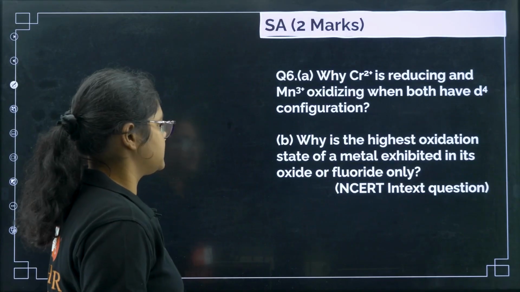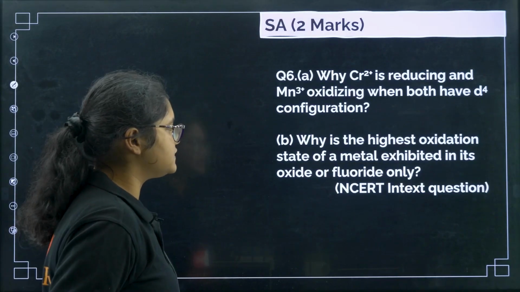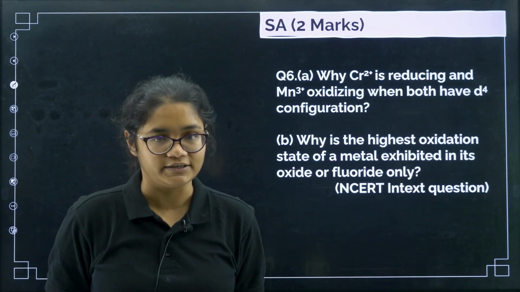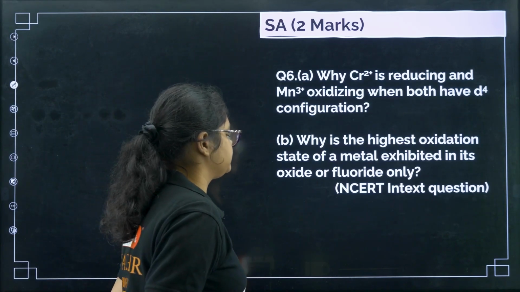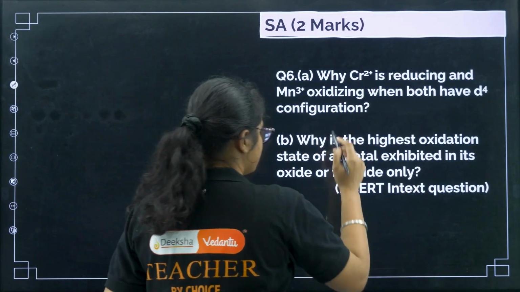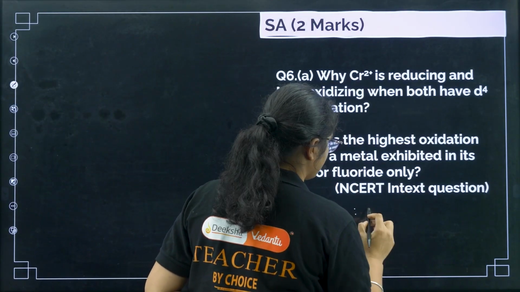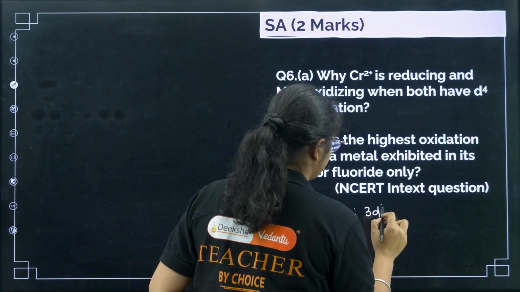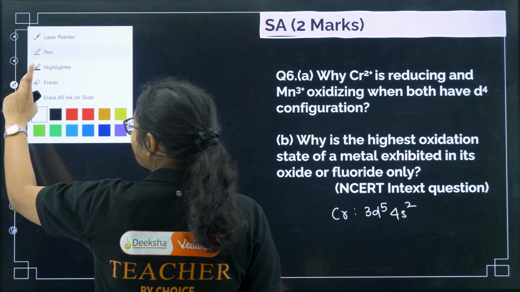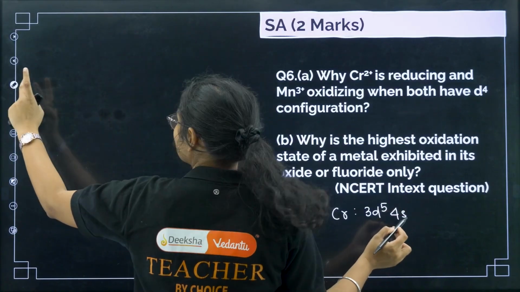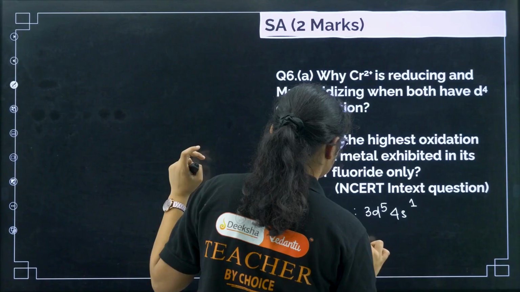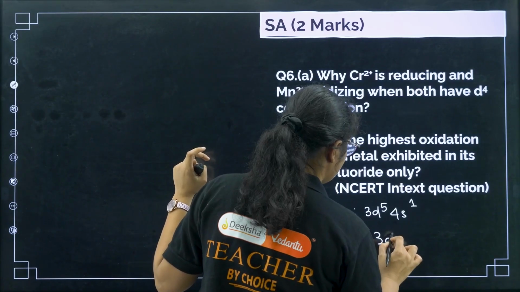Next, question number 6. Why is Cr+2 reducing and Mn+3 oxidizing when both have d4 configuration? Okay, now see, Cr electronic configuration is 3d5 4s1, and Cr+2 is 3d4.